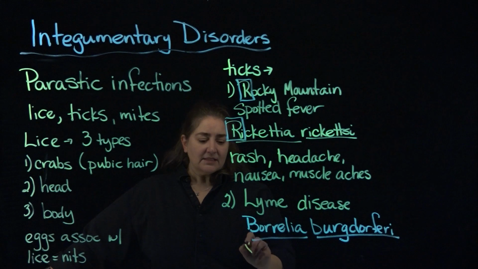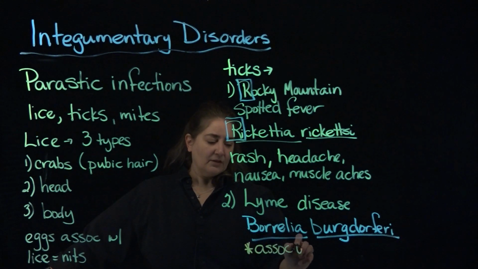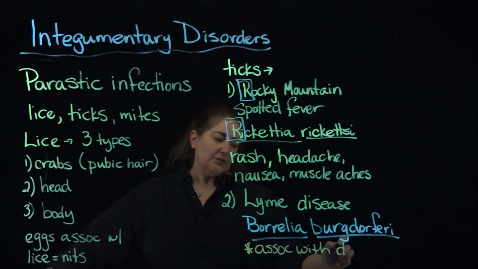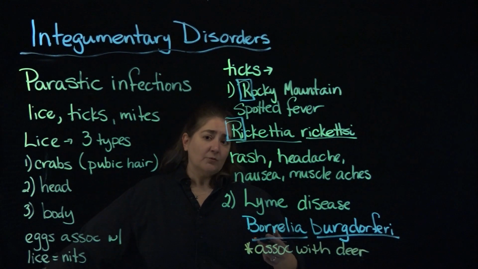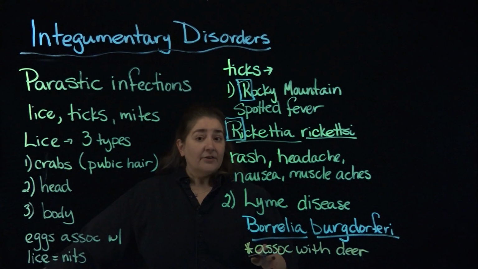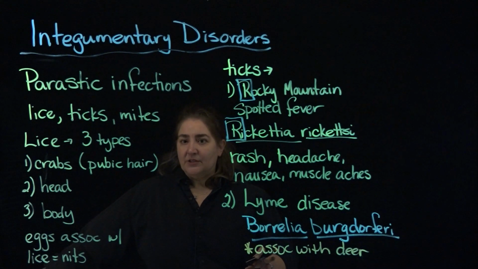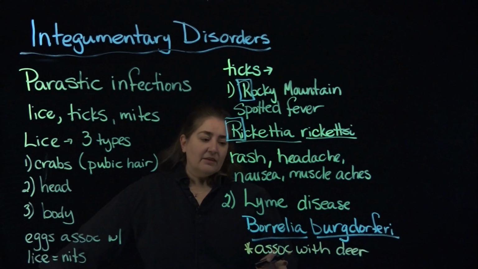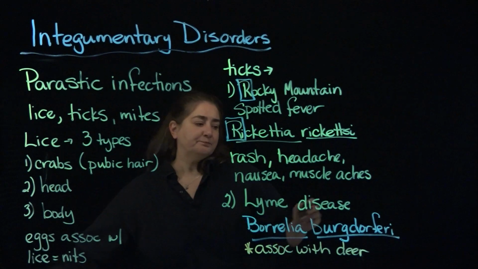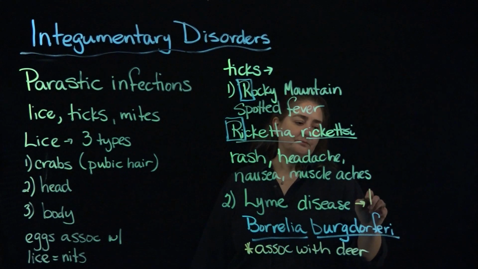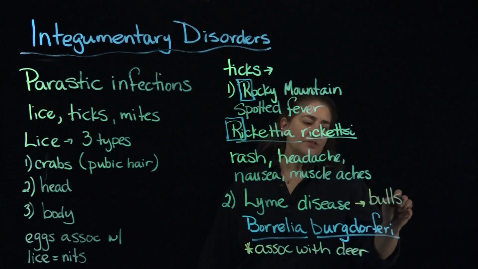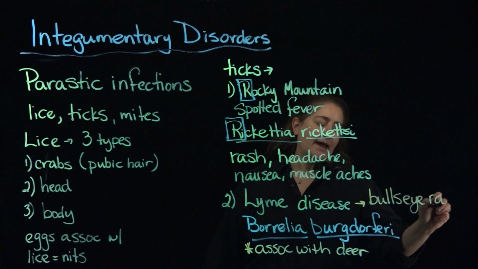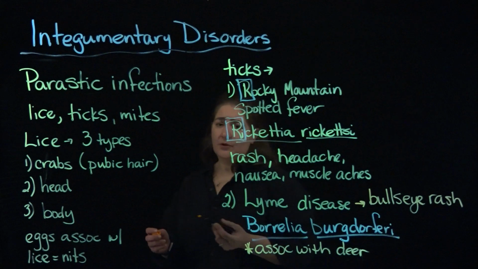Lyme disease, this is the one that is associated with the deer population. So this is going to be more common in areas where you have high deer populations because the ticks live on the deer. Okay? The Lyme disease is a little bit different from Rocky Mountain spotted fever. You get kind of a bullseye rash that's associated with it.